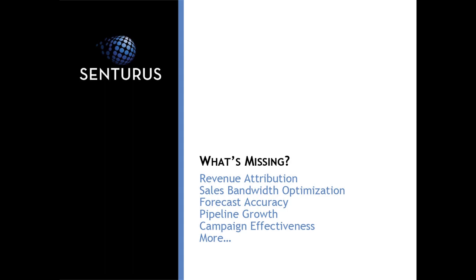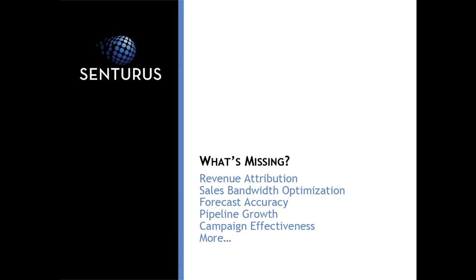Many of these functions like revenue attribution, pipeline growth, etc., require a good amount, sometimes a very involved amount of data prep. You have to really change the way that the data is organized, because Salesforce, though it's a very clean data model, at its core has to be optimized for the application. But when it's optimized for the application, it's not organized the way that you need it for reporting and analysis.